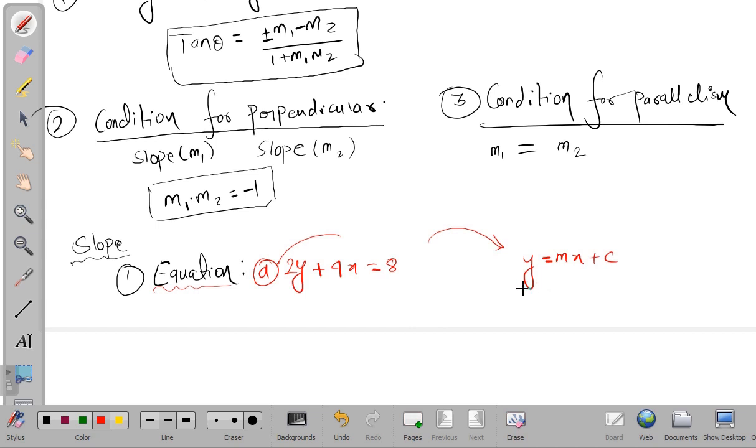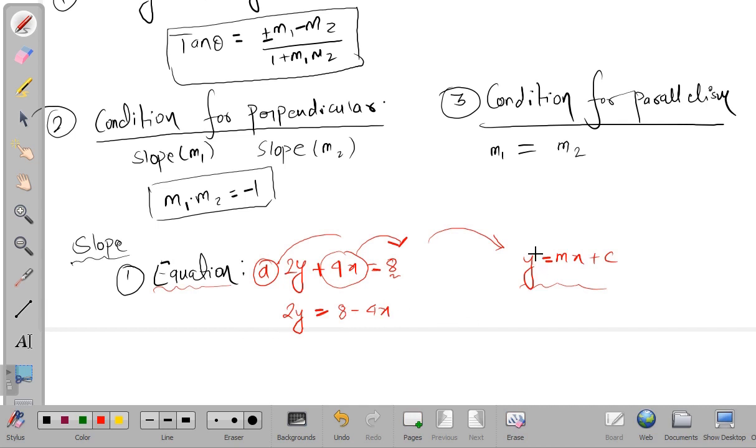In here you can see, on the left hand side there is y alone and the other terms are on the right hand side, right? So let us do the same. Let us arrange the y on the left hand side and take all the remaining terms to the right hand side. Here it is 8 already, so I will just write 8, and I will take this 4x to the right hand side, so it becomes negative 4x, as it was plus 4x on the left hand side, right? While going to the other side it will become negative, simple as that.